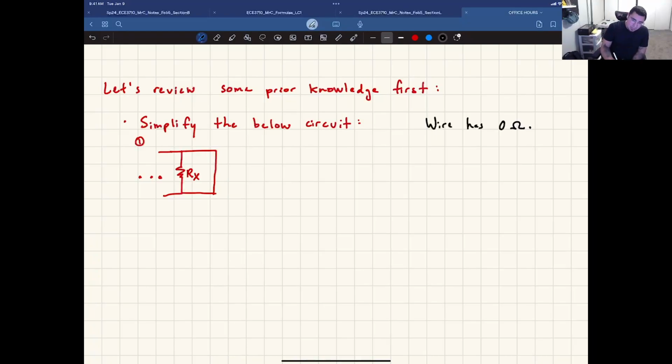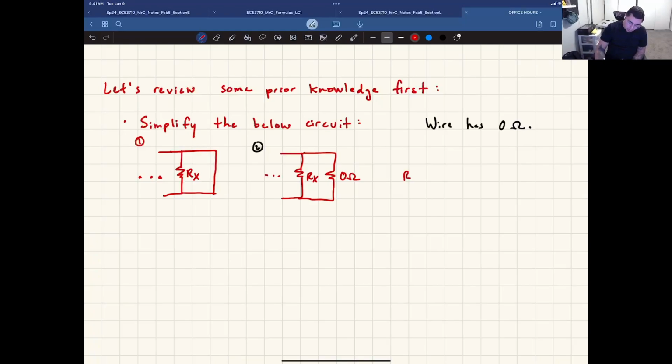So technically speaking, to simplify this, I can redraw it as a resistor in parallel to another resistor, and it's 0 ohms because a wire has 0 ohms across it.